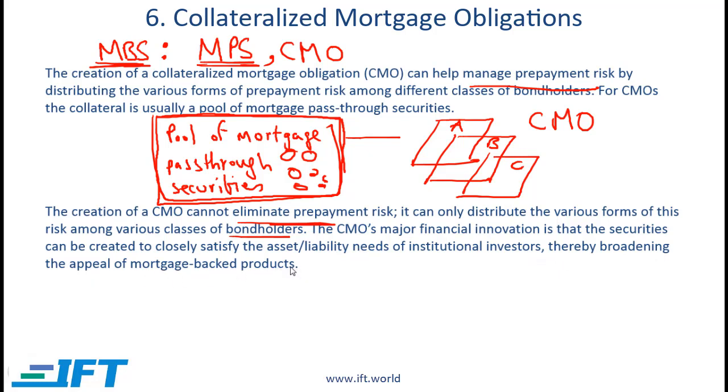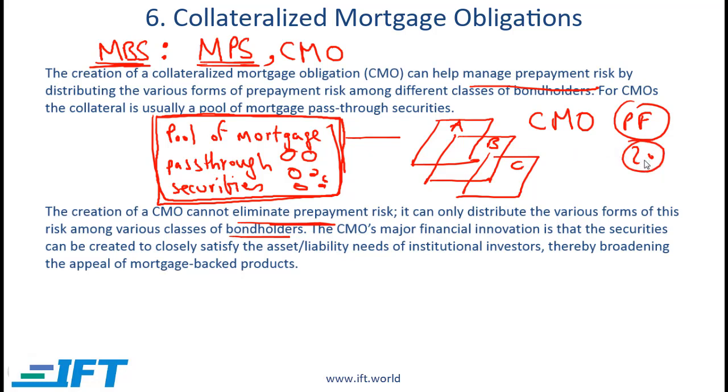So what does this mean? If you think about different types of investors, they will clearly have different preferences in terms of extension and contraction risk. If you think about a pension fund, and this pension fund has liabilities which will come due after 20 years.